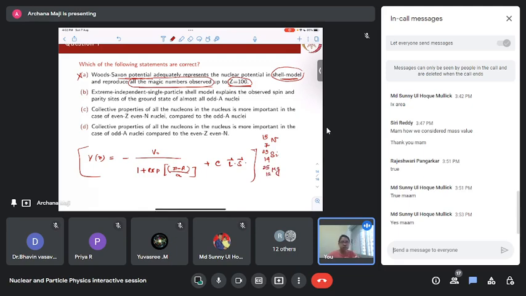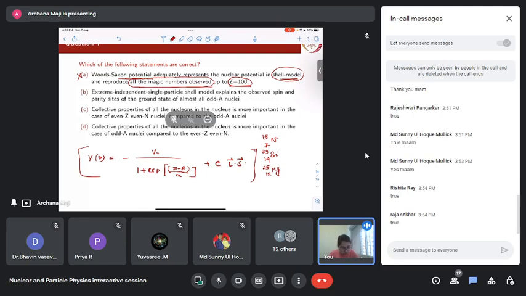So these are the 3 nuclei that we have considered in this assignment itself. Is it true? Okay, someone has said yes. Yeah, so this is true. We have considered always odd A nuclei, and this extreme independent shell model helped us to explain the spin as well as parity of the ground state. Okay, so B is correct.